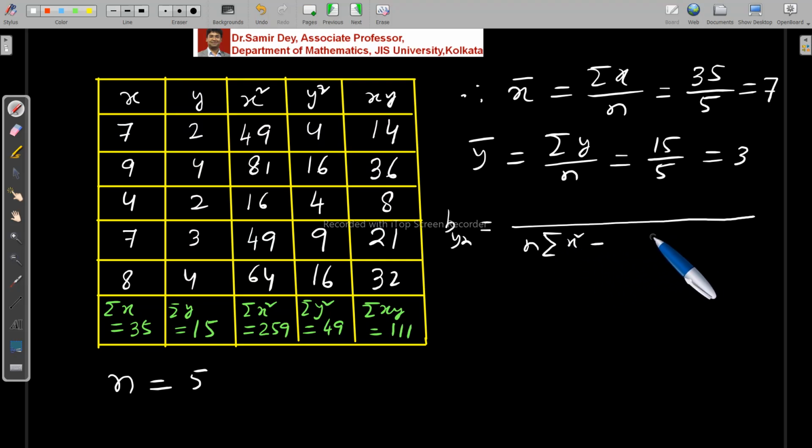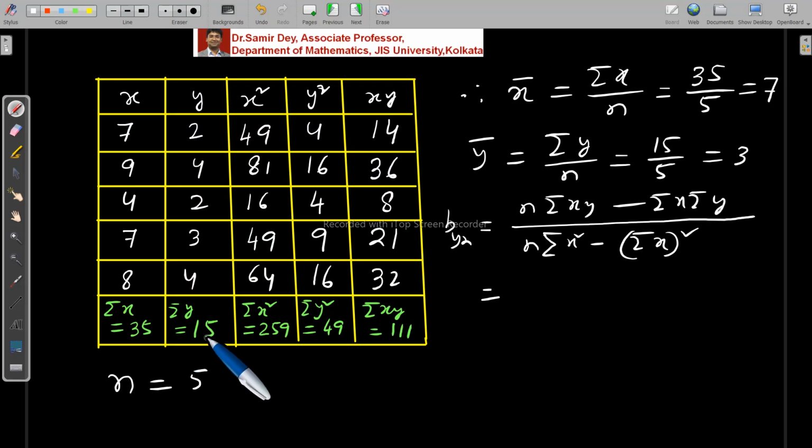N x square minus summation x whole square in summation xy minus summation x summation y. Now you know everything, just put it down one by one. Is it clear?